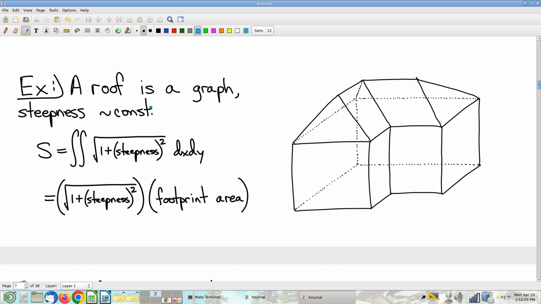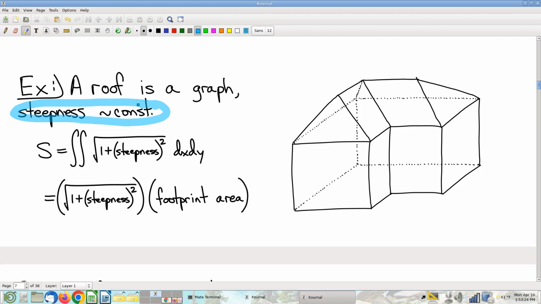All exceptions granted, but surprisingly often, the steepness on a roof is approximately constant. It's as close to constant as they can make it. I couldn't tell you exactly why that is, but my understanding is this is a surprisingly common thing. I don't want to say always, again, architects are very creative and they come up with all sorts of cool looking things, gables and stuff like that. But in a lot of houses, that steepness is approximately constant.